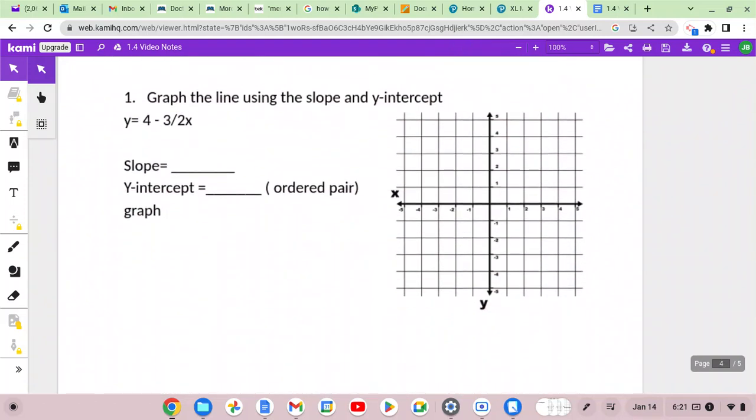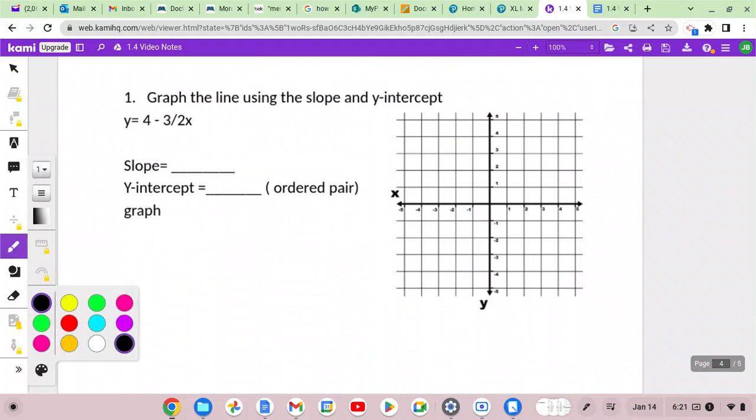Okay. The next one is number 12. Graph the line using slope and y-intercept. We have the line y equals 4 minus 3 over 2x. I want the equation to be in y equals mx plus b format.